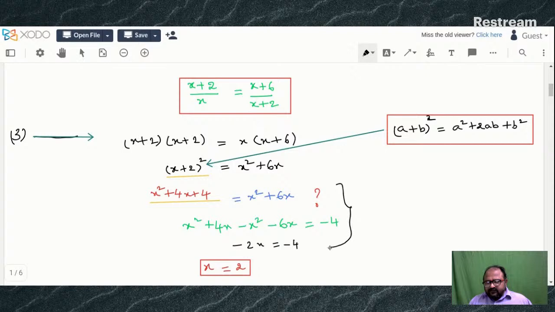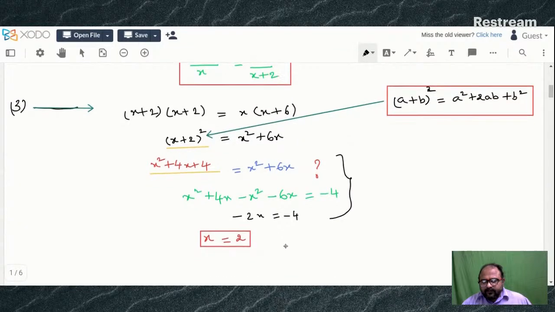So students must simplify this part. You must learn the simplification part of this calculation. Then only you will get x equal to 2.